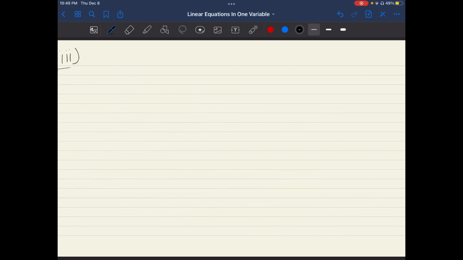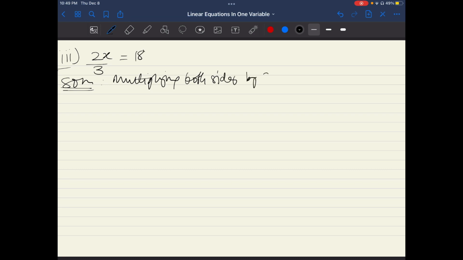Now moving along, let's solve 2x over 3 equals 18. In this case, we will start with multiplying both sides by 3. We get 2x times 3 over 3 equals 18 times 3, which is 2x equals 54.